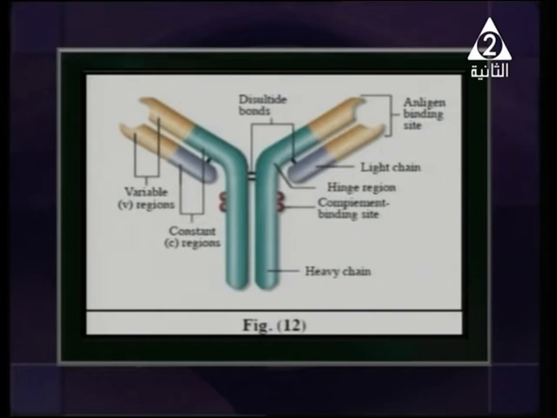One part is variable, which we call V, and the other is constant and doesn't change from one antibody to another, and we call it the constant region, as it appears in the picture. Variable regions V, constant region C.